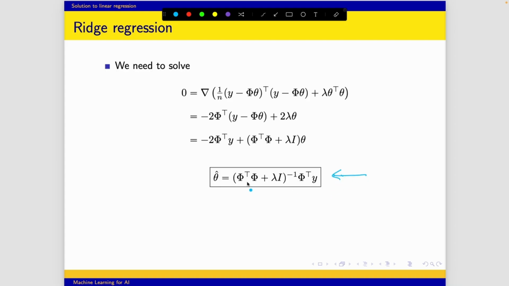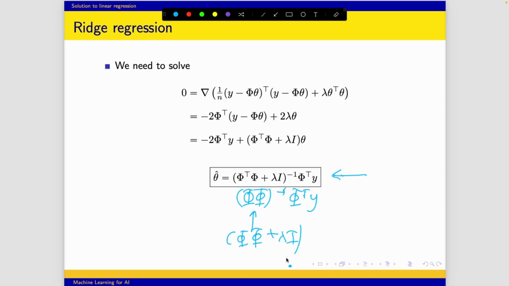Now, what have we done here? If we compare this to the linear regression or ordinary least squares solution, we've gone from phi transpose phi inverse times phi transpose y to now this. The only difference is that we've replaced phi transpose phi with phi transpose phi plus lambda times the identity matrix.